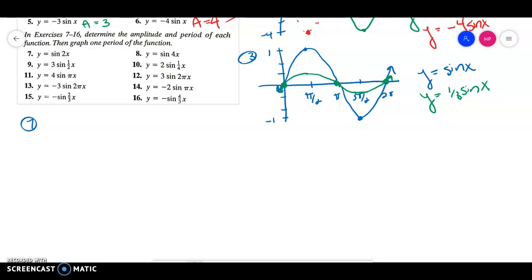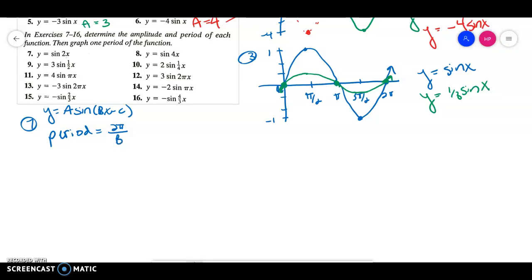So remember, it is y equals a times the sine of bx minus c. And for my period, I'm always looking at 2 pi divided by b.